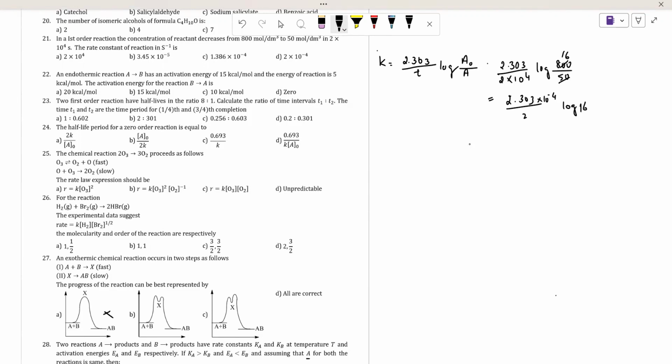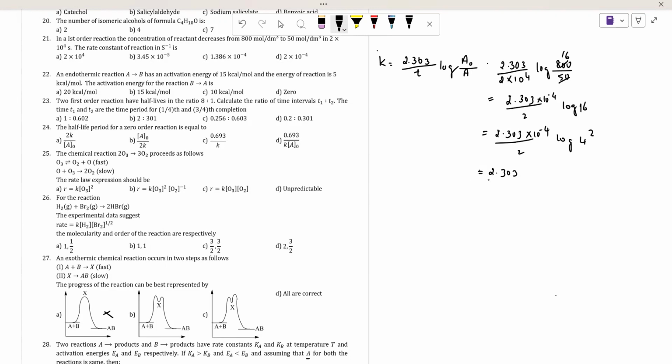So you get log 16 here, which is once again equal to 2.303 into 10 power minus 4 divided by 2, and log 16 can be written as log 4 square.